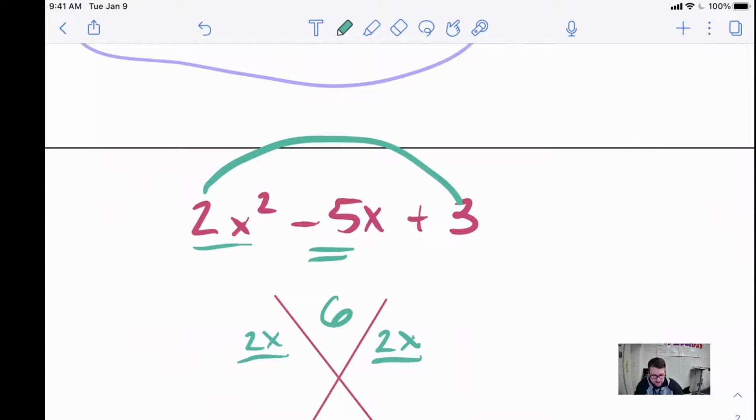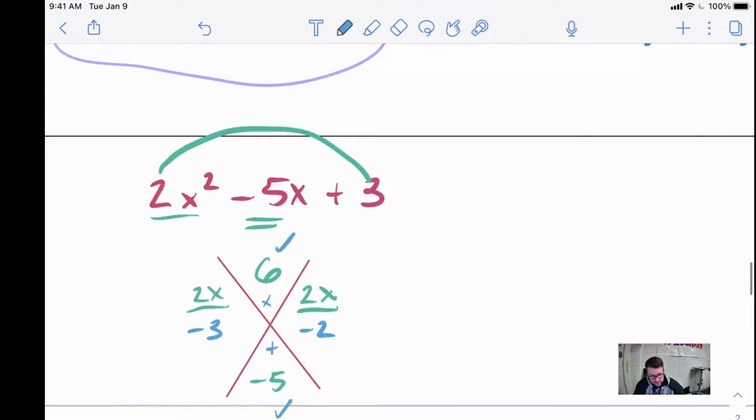And then you're just looking for the two numbers that multiply to give us a 6, that add to give us a -5. That would be, oh, that's a tough one. Nope. -3 and -2. Double check that. -3 times -2 is a positive 6. -3 plus -2 would be -5. Now, remember when we write these out, our first factor will be 2x - 3.